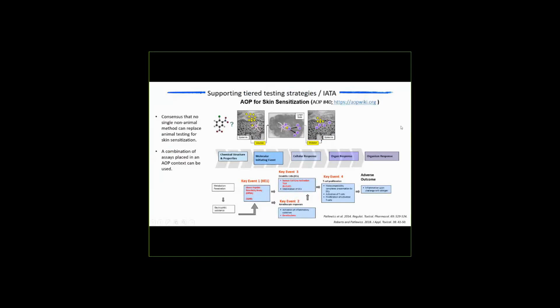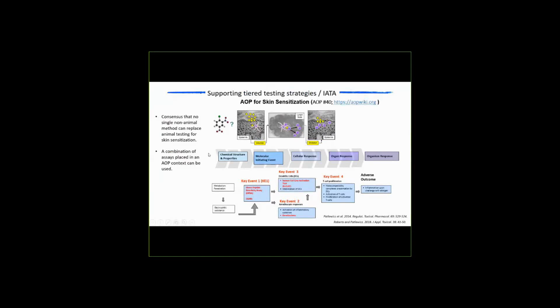Building on that same theme, in trying to replace the assays that were used for skin sensitization, an AOP-based approach was used. There was pretty good consensus that no single non-animal method could replace animal testing for skin sensitization.